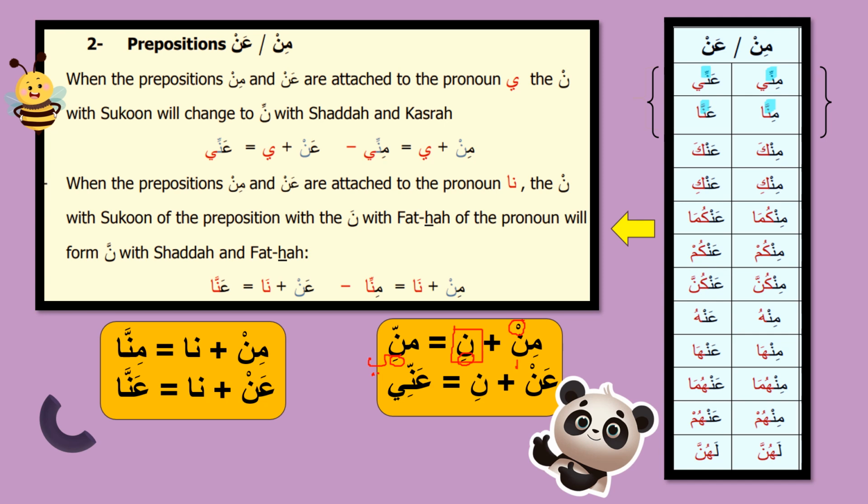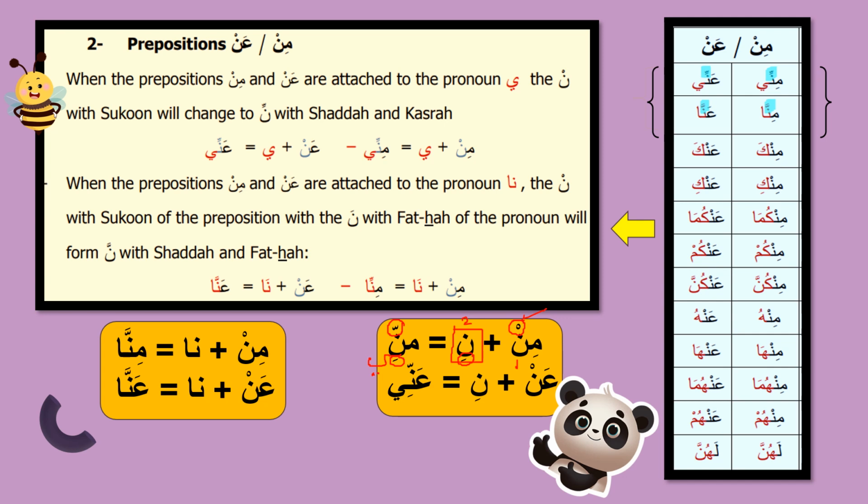One noon is with the sukoon, the other noon is with the kasra, and this noon just came because it was getting attached with the ya mutakallim, and the ya mutakallim comes with kasra. So now it became minni, with noon shadda and kasra.